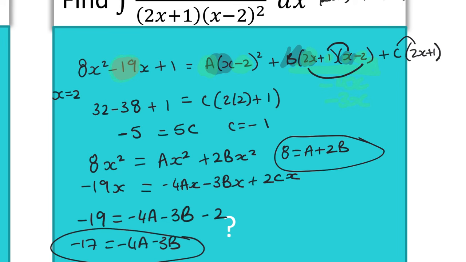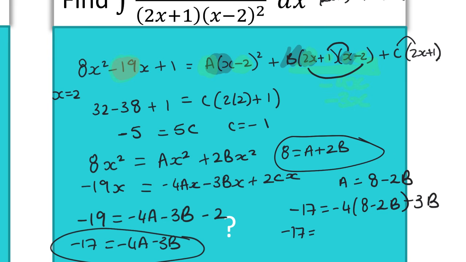Now, when I do simultaneous equations, I'm going to get a equals 8 minus 2b. I'm just going to substitute this in. So I'm going to have minus 17 equals minus 4 lots of (8 minus 2b) minus 3b. So minus 17 equals minus 32 plus 8b minus 3b.